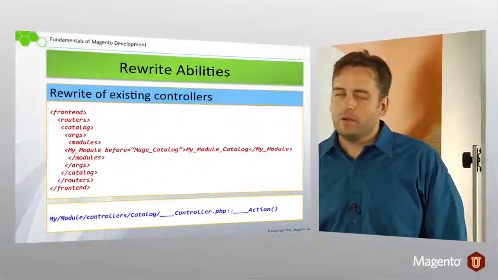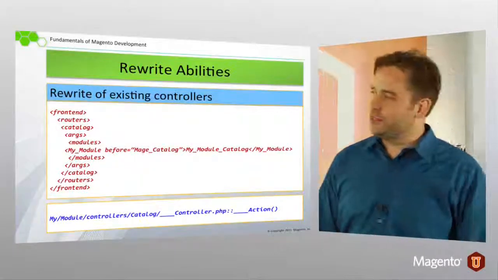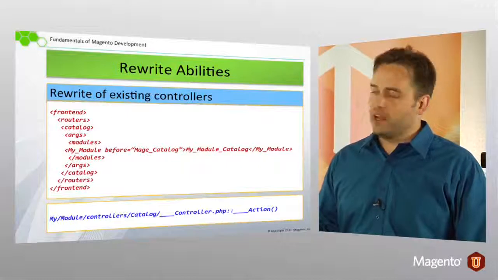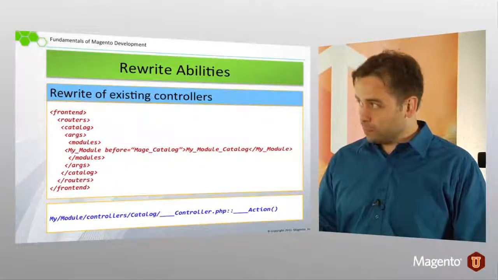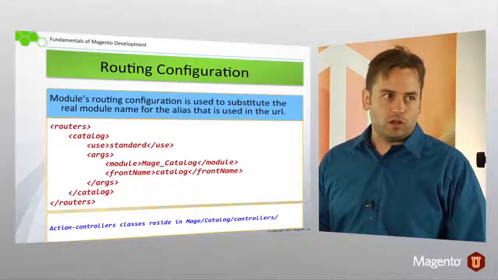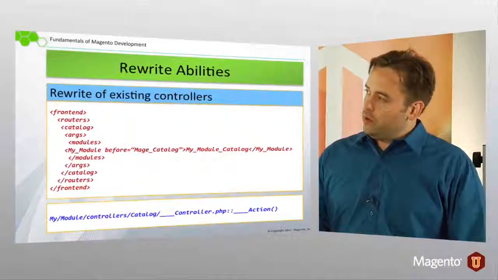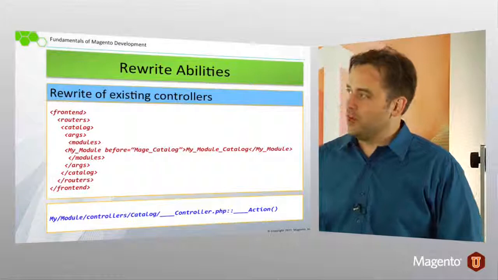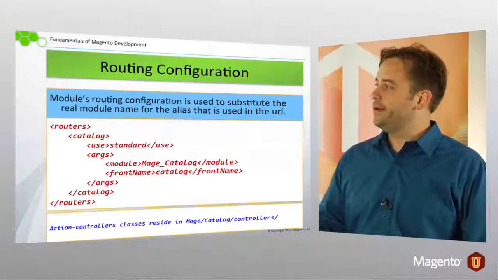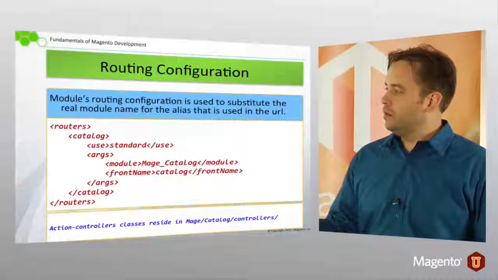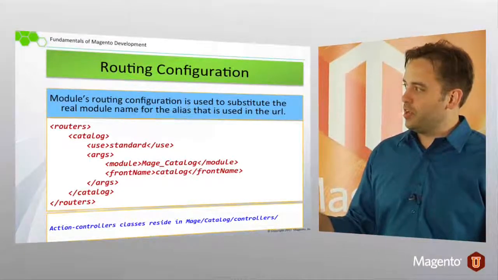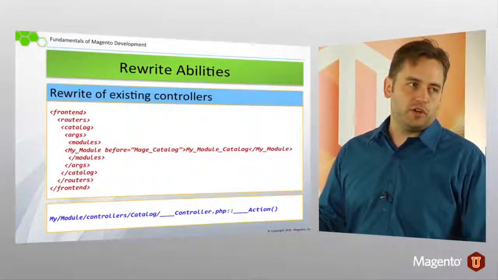So, what does this mean functionally? This means that when we're trying to match a route, so say catalog, we're going to match that based on the front name here, and then based on this front name, we'll look for a modules node adjacent to that.